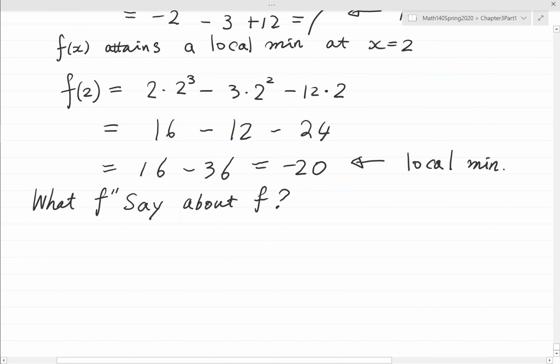Now to talk about what properties the second derivative can tell about this function f, we first give a definition.